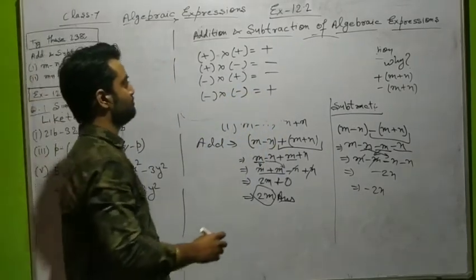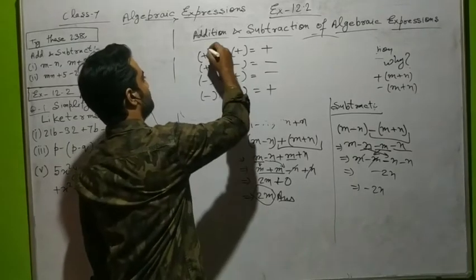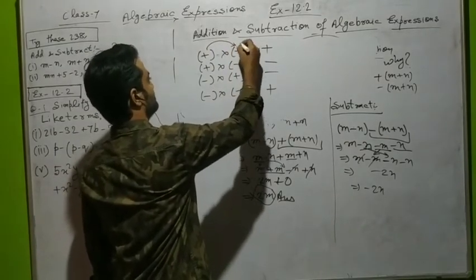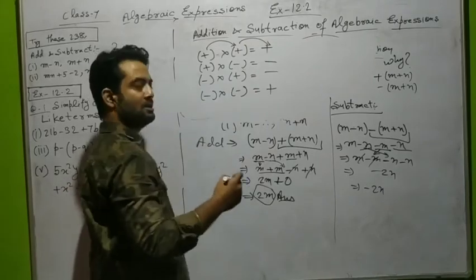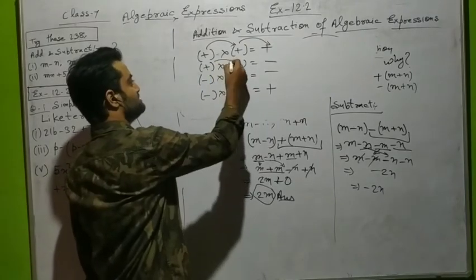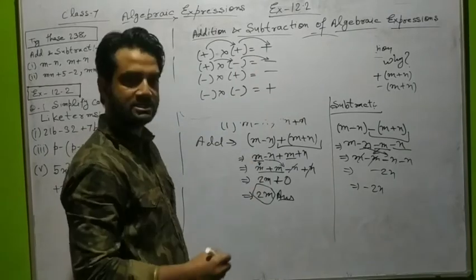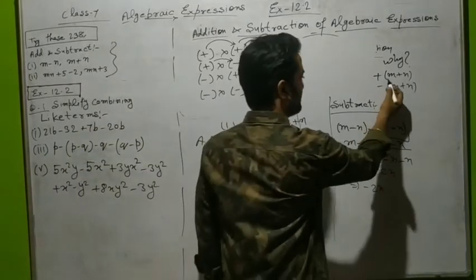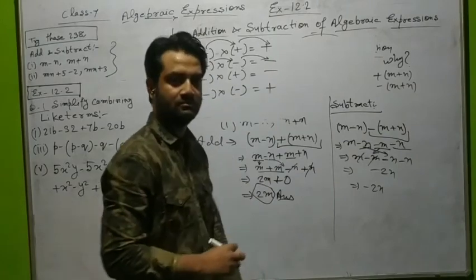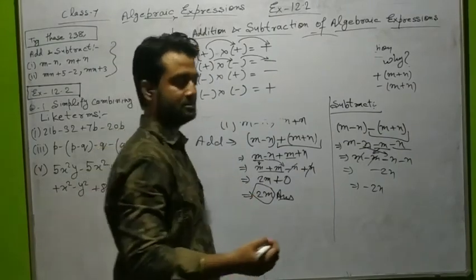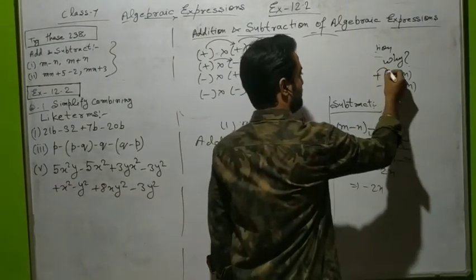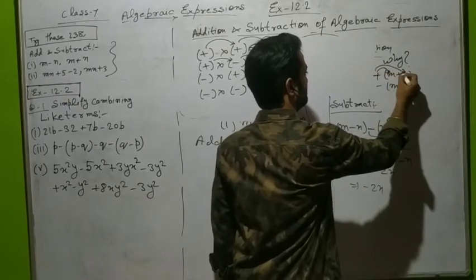So in the same way, as you can see, when positive is multiplied with positive, the answer is positive, and when positive is multiplied with negative, the answer is negative. So that is why, if outside the bracket there is a positive sign, when we open the bracket, this sign multiplies both.